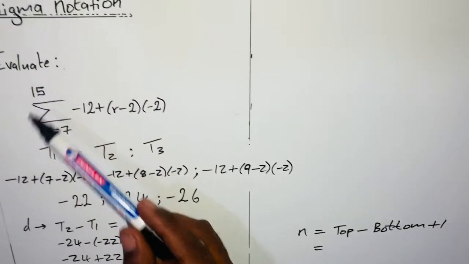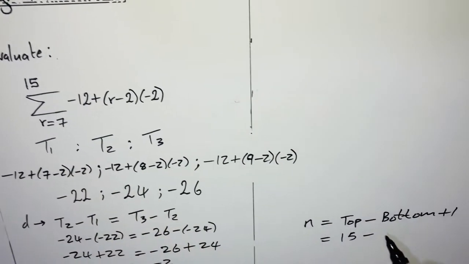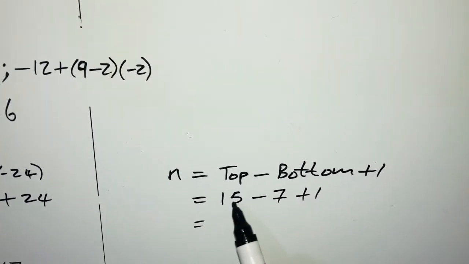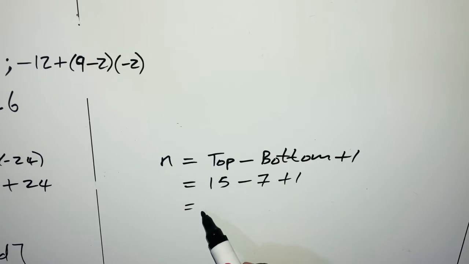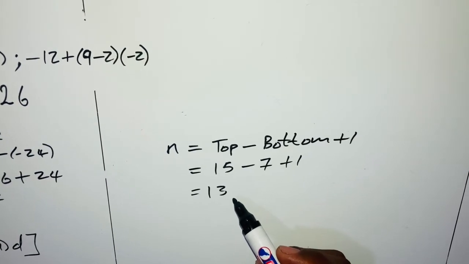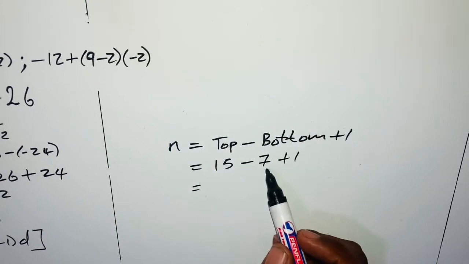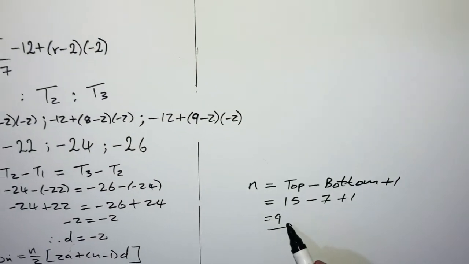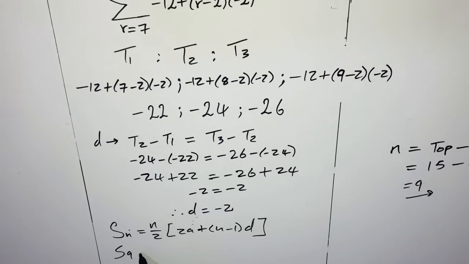The top is 15 minus my bottom, which is 7, plus 1. 15 minus 7 is 8, plus 1, you get 9, meaning that for this sum formula, you're finding the sum of 9 terms.